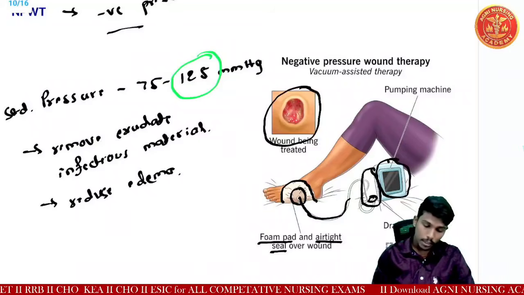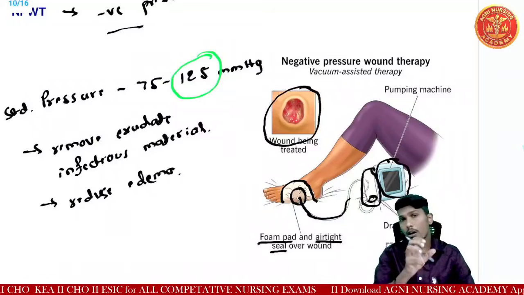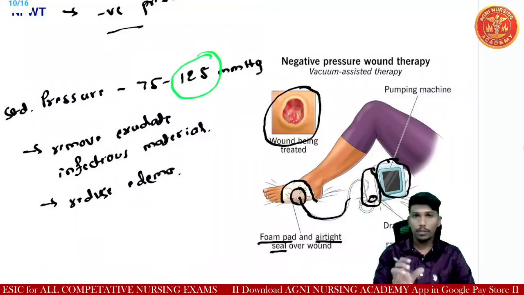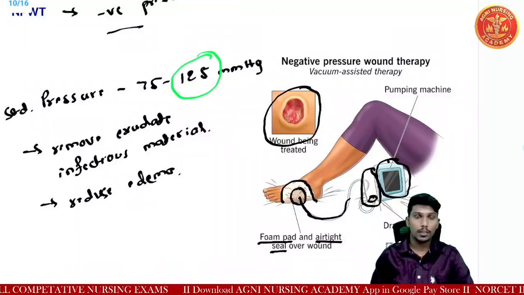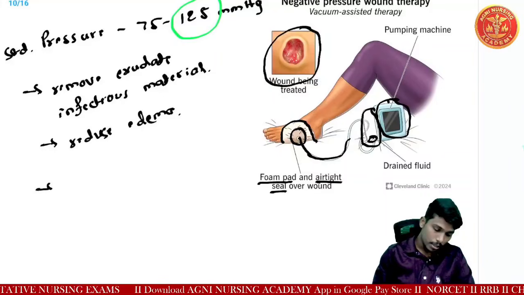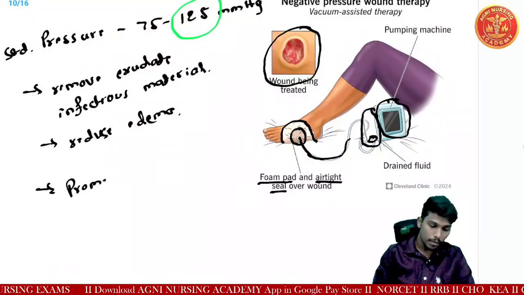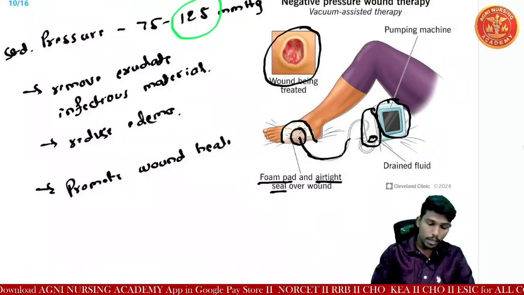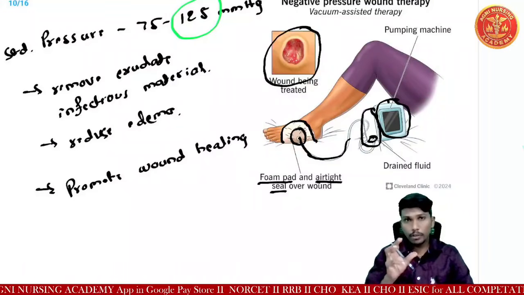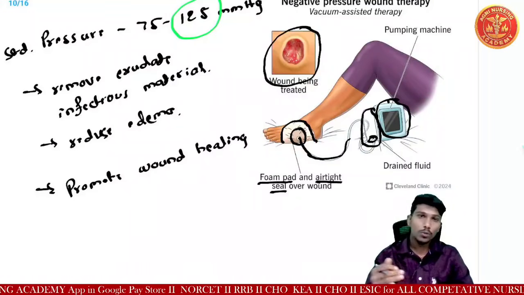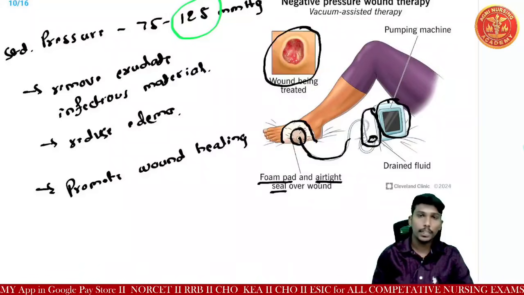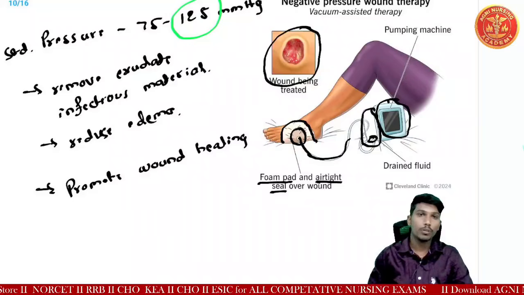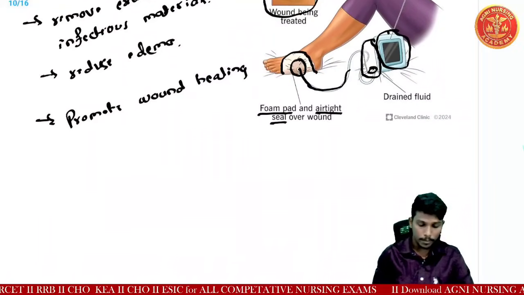If swelling or edema is there, by the negative pressure all the fluid will be absorbed into the vacuum. Then it promotes wound healing. How does it help? It diverts the blood vessels towards the wound. Because of this negative pressure, the blood supply to the particular area increases, and it helps the wound heal faster.